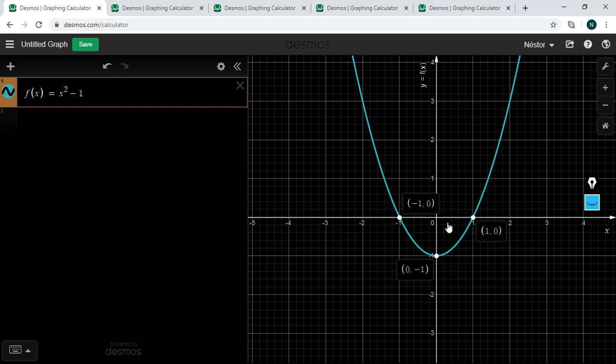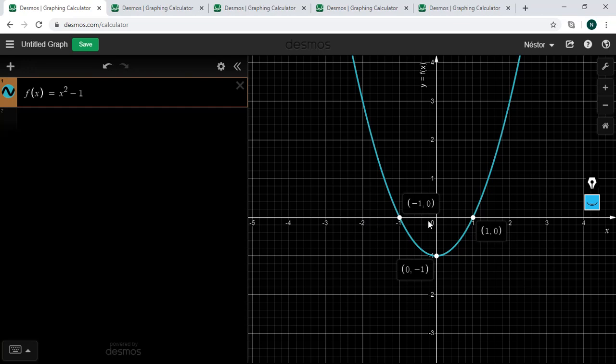And for the x-intercepts, we have minus 1, which is this value, or minus 1 comma 0. Some people are going to tell you that. And the other x-intercept is 1, or 1 comma 0. Any x-intercept has to have 0 as its second coordinate, because all the points along the x-axis obviously have their second coordinates 0, all of them.